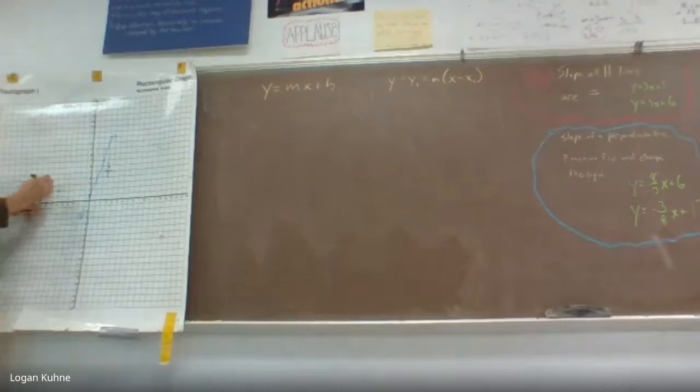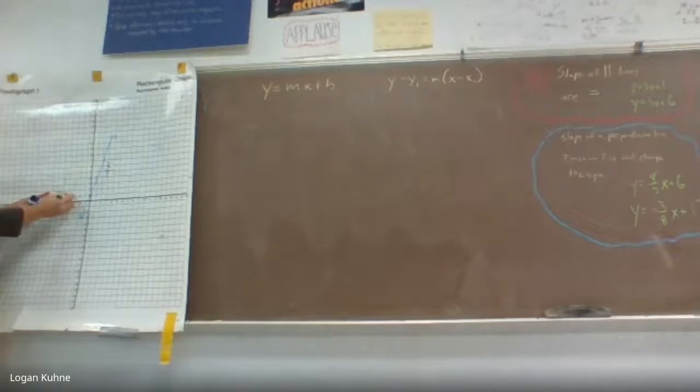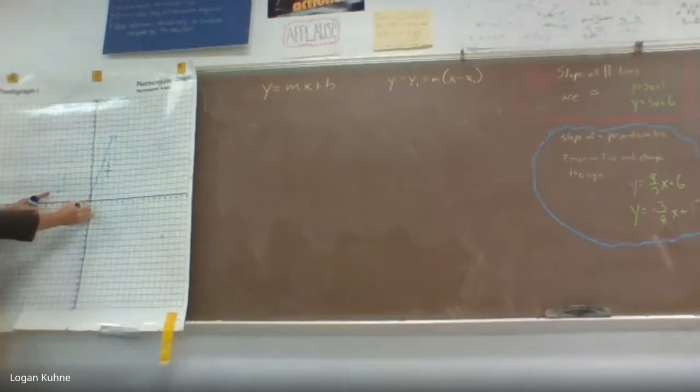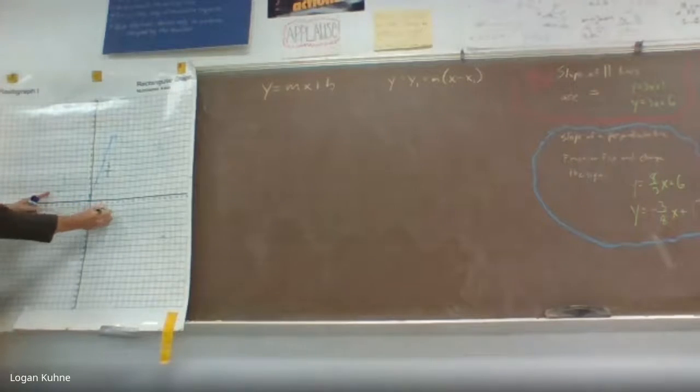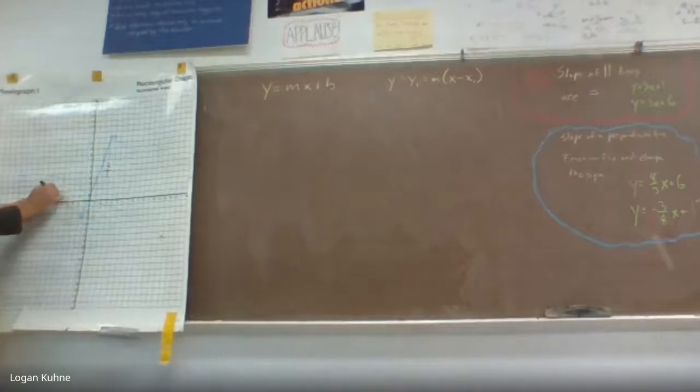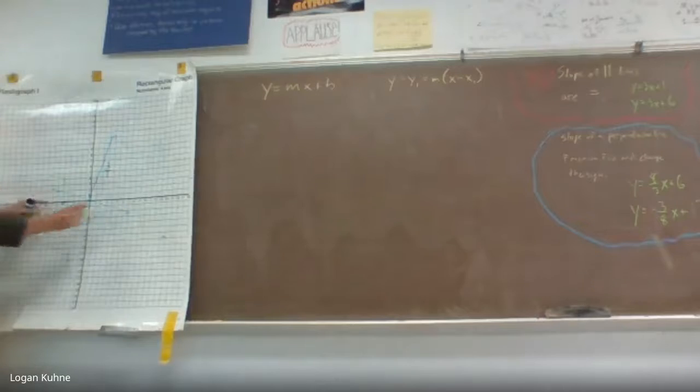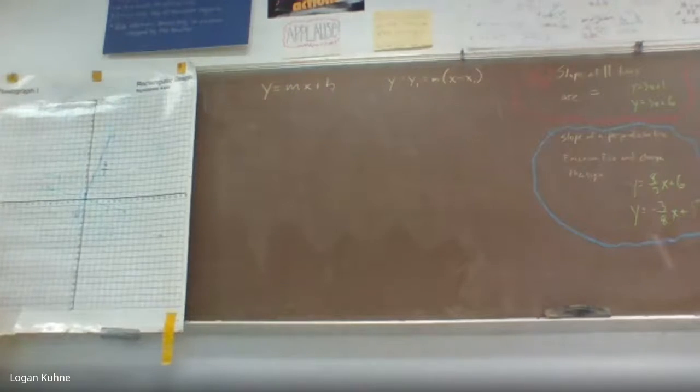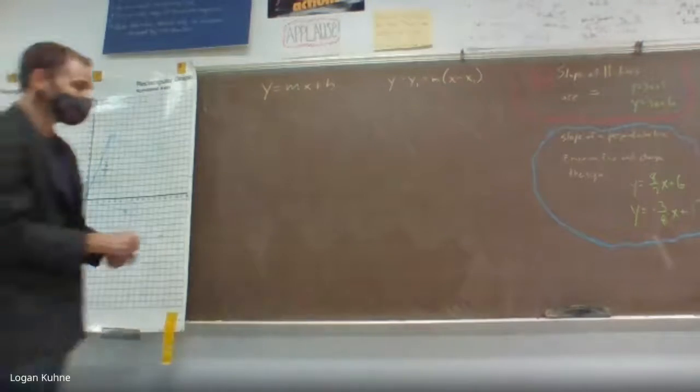And the slope of this line has to be -1/3. Let's go. Down 1 over 3. Down 1 over 3. Now this one was nice and cute because it went through, again, a nice whole number.